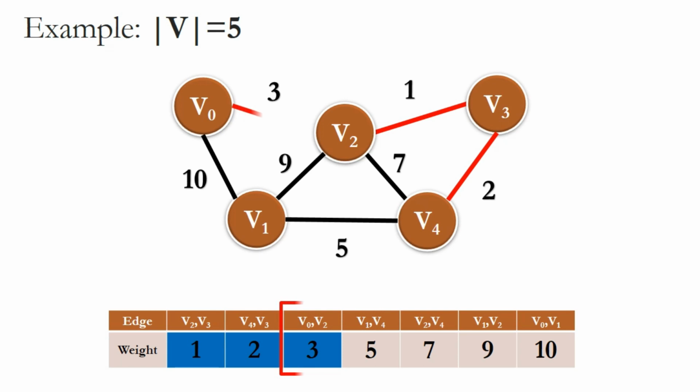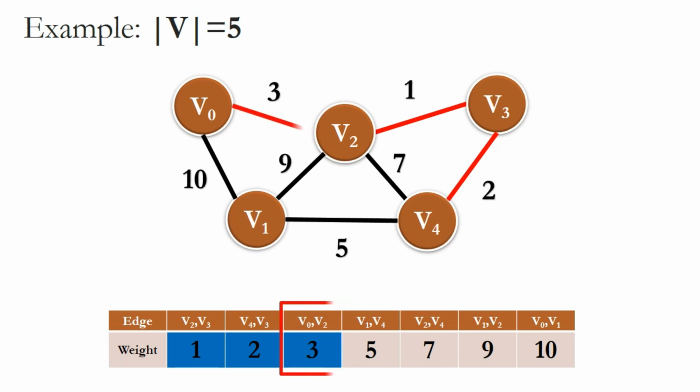Next is element number 3 with the value of 3 and reference edge of vertex 0 and 2. From vertex 2 and 3, we come up with a line from vertex 2 to vertex 4.